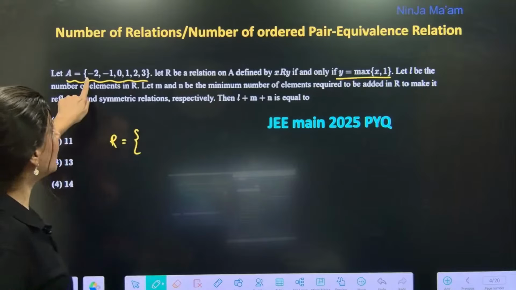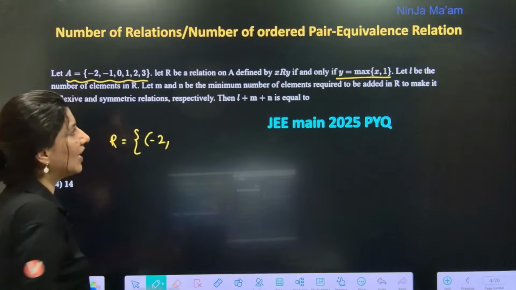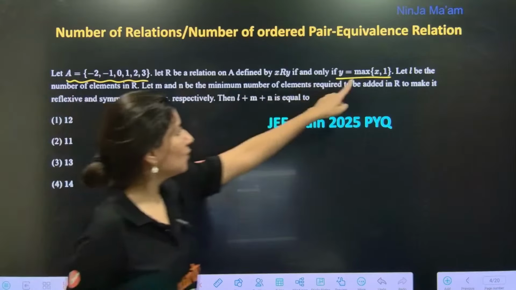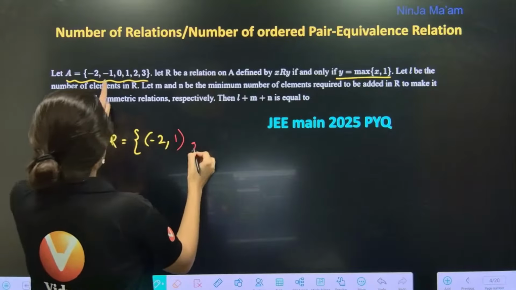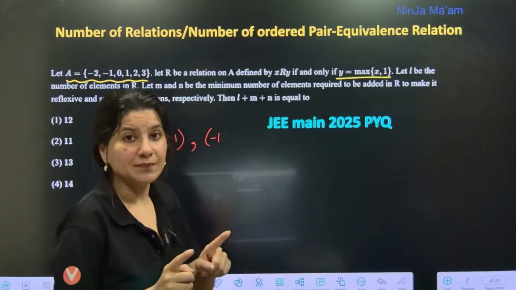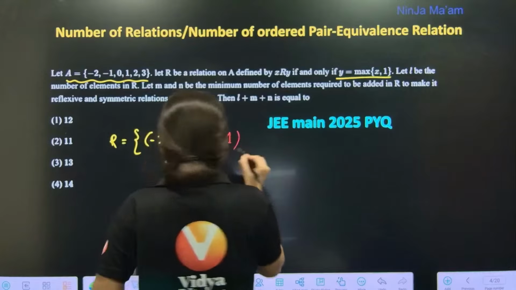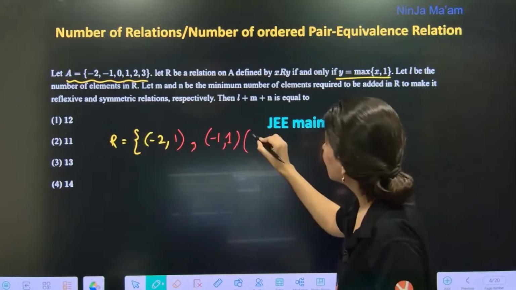Okay, so if I put x is equal to -2, tell me the value of y. So ma'am, -2, 1. Now if you put -1, so -1, 1. What is maximum? Ma'am, 1. If you put 0 over here, 0, 1. What is the maximum? So 1.